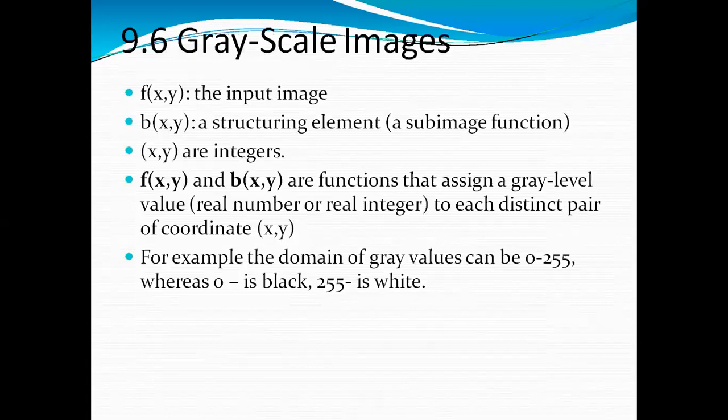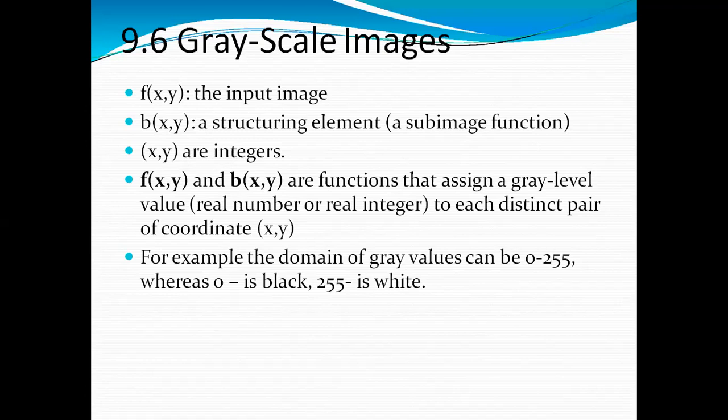And the last one is grayscale images. In grayscale we have f of x, y as the input image and B of x, y as the structuring element, where x and y are integers. So f of x, y and B of x, y are functions that assign a gray level to each distinct pair of coordinates.